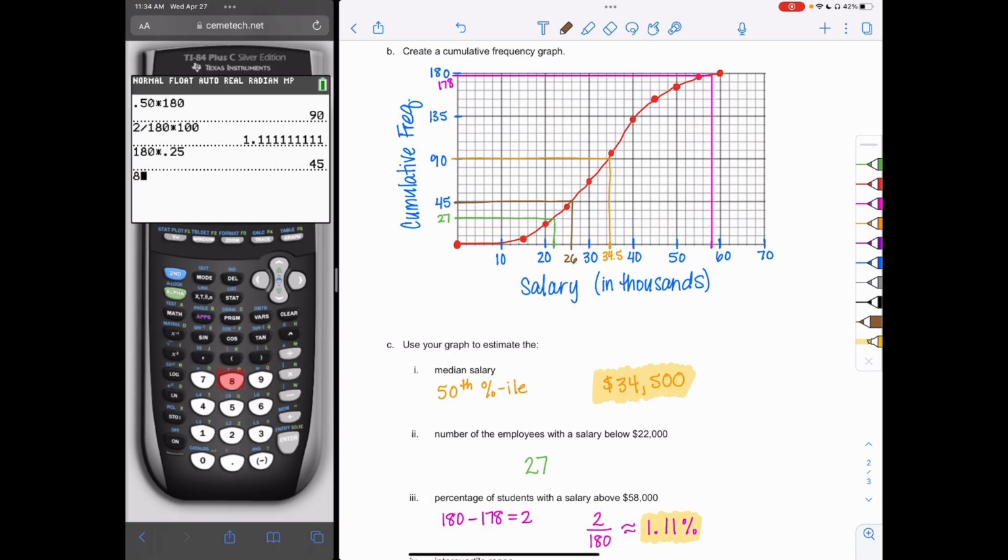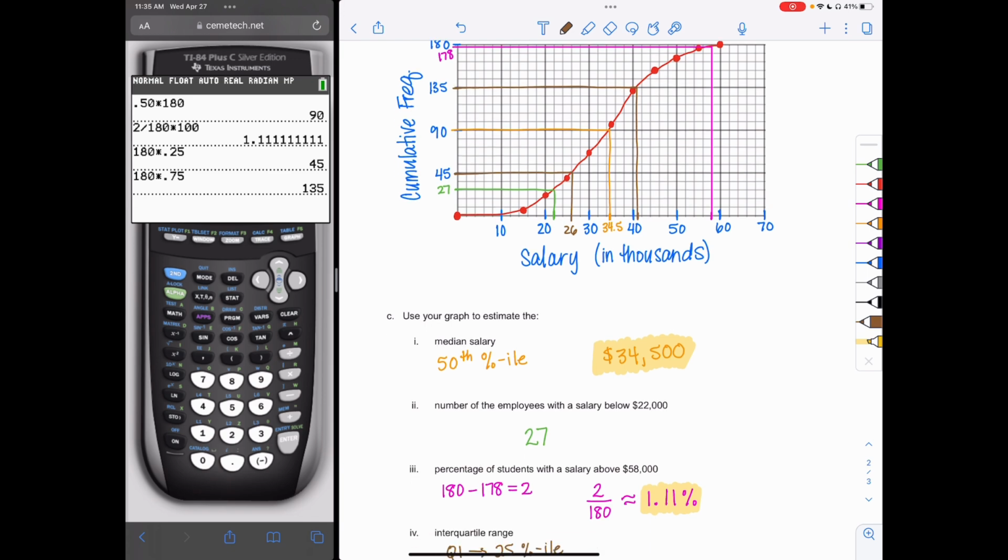I'm going to do the same thing for the 75th percentile. So I have to do 180 times 0.75. And that is going to give me 135. So I go 135 here. And then I trace the line over. And then I am going to come down. So I am about right here. So I'm about halfway. So that's halfway in between 40 and 42.